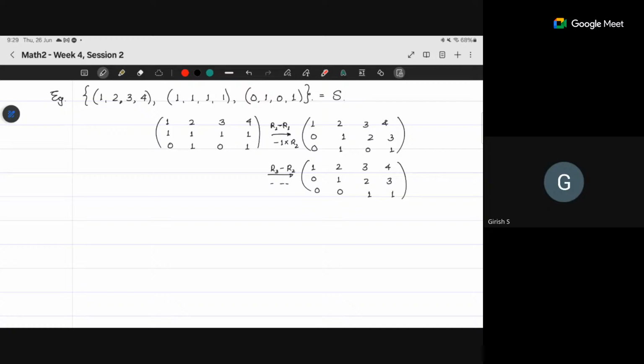in this case, the dimension is 3. So what is a spanning set? The given set itself is actually a basis, but this is also a basis. If you go by the method, you will get this as the basis.